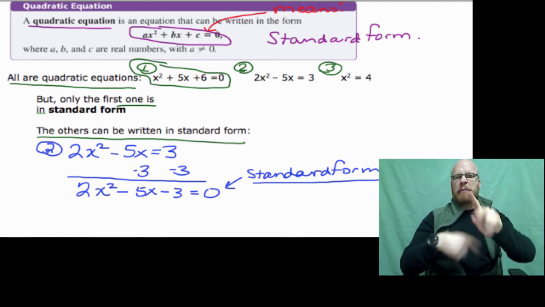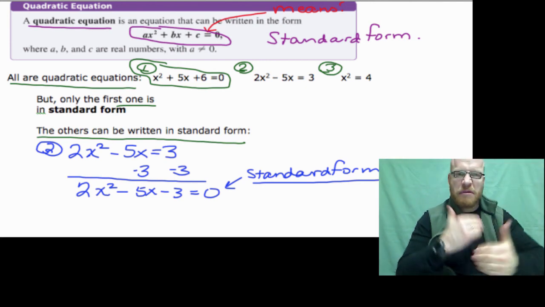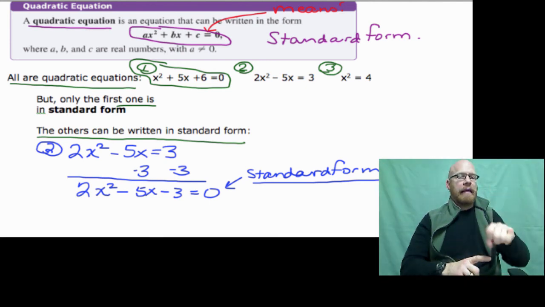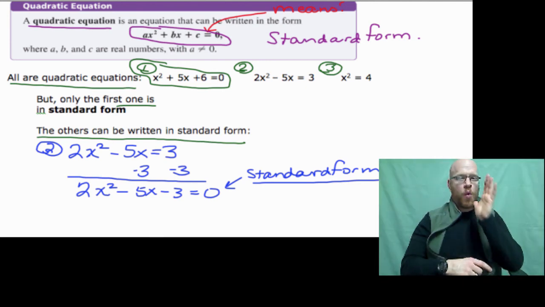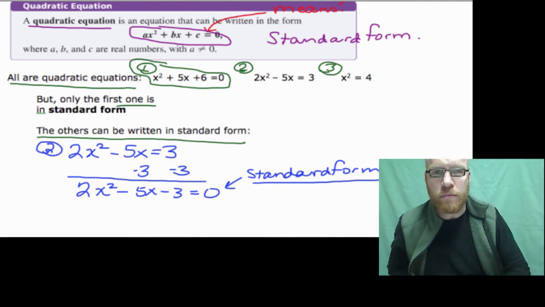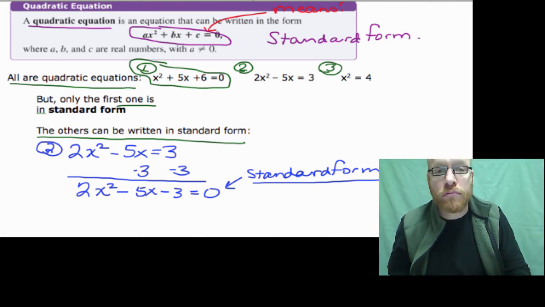Now our third example, we have x squared equals 4. It's a similar process. We'll subtract 4 from both sides, and we'll have x squared minus 4 equals 0. And then we'll be ready to factor it.